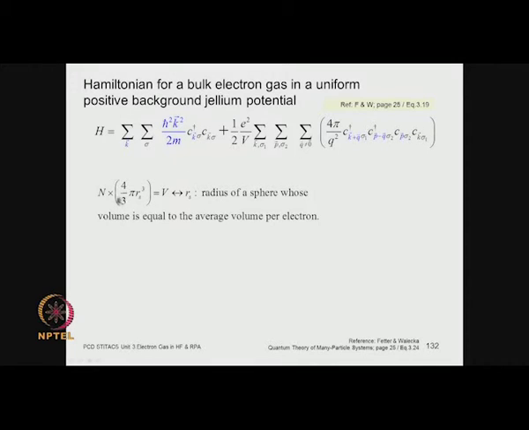Now we do a little bit of simplification of these terms, because the total volume which comes over here is nothing but the volume occupied by the number of electrons, and we had defined an average radius per electron which is Rs, so that this is the average volume occupied by each electron. This times the total number of electrons will give you the total volume. So, Rs is the average radius of each electron, and we do a little bit of scaling here.